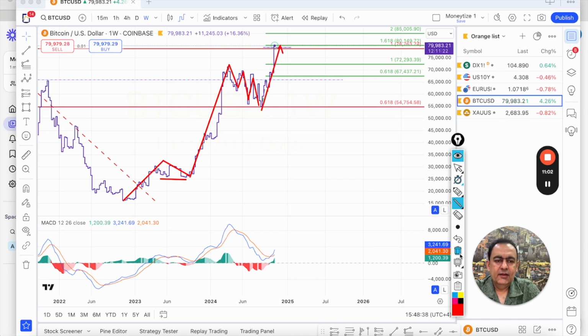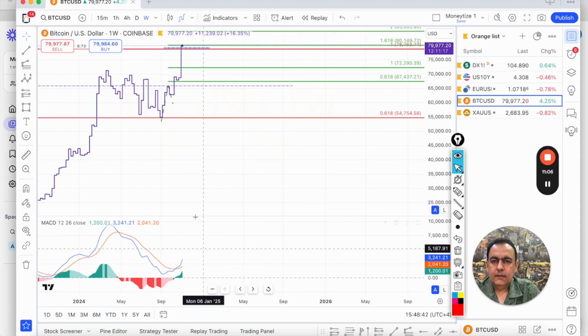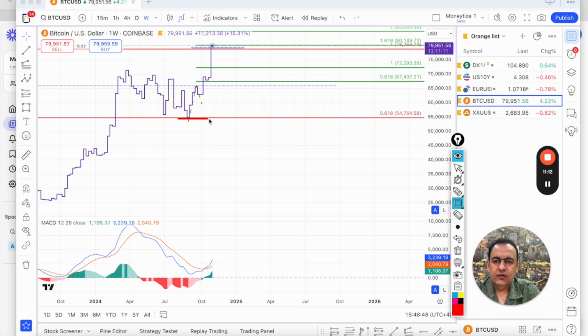So the current level is a magnet level. I've applied a new Fib extension here, starting from the low at 54,754. A, B, and C, and right now we are at 161 of the new leg. It's a duplication zone, it's a very strong magnet zone.